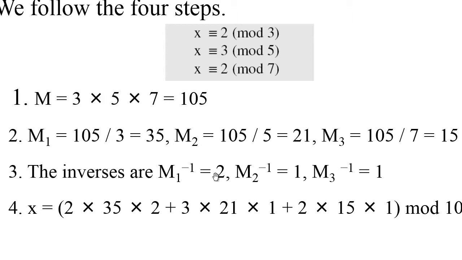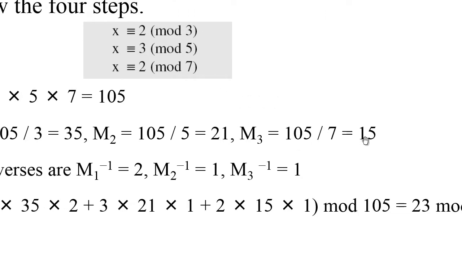So, when I multiply these two values and take the mod, if it is equal to 1, then I can say 2 is the multiplicative inverse of 35, and similarly 35 is the multiplicative inverse of 2. Similarly, for the second element, if I take 21, what is the multiplicative inverse of 21? I can say 21 into 1 mod 5 gives 1, so 1 is the multiplicative inverse of 21 with respect to mod 5.